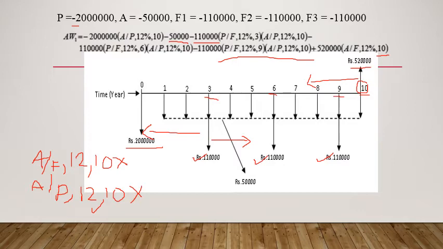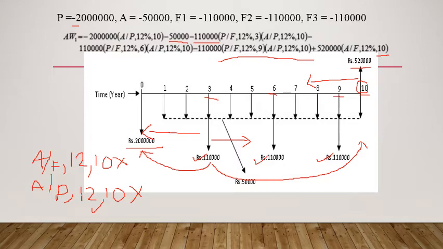It has to be converted either to P at t is equal to 0 or to F at t is equal to 10. That means either I have to bring it to the beginning and make it P and then convert it into A, or I push it to the end, make it F and then convert that into A using the factor A by F or A by P.